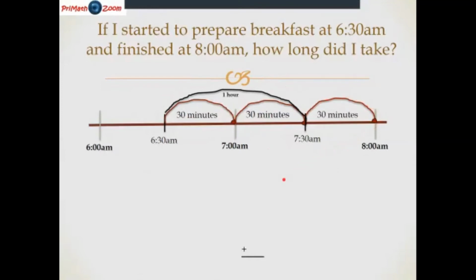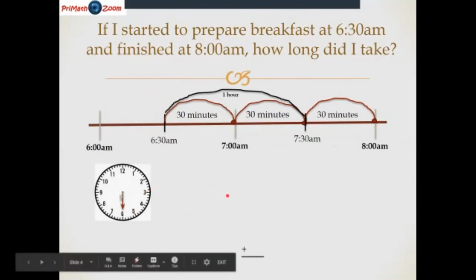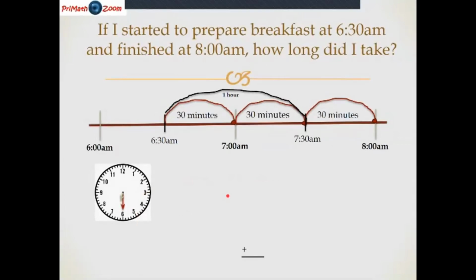Now let's check it on the clock face. So here we have a clock face showing a time. What time is that? 6:30. So 6:30 is here on the clock. And remember, we're going to use half-hour intervals because our early time is on the half hour and our late time is on the hour.